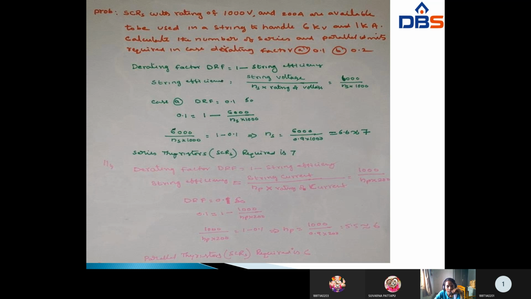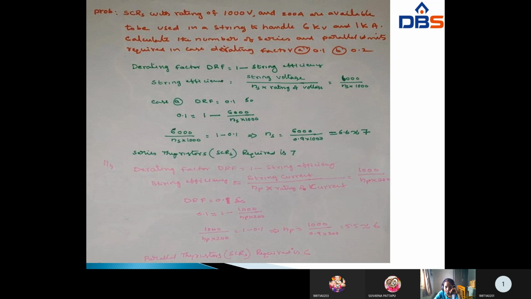Next, some problems. I have given two example problems. SCRs with ratings of 1000 volts and 200 volts are available to be used in a string to handle 6 kV and 11 kV. Calculate the number of series and parallel units required for derating factors of 0.1 and 0.2.